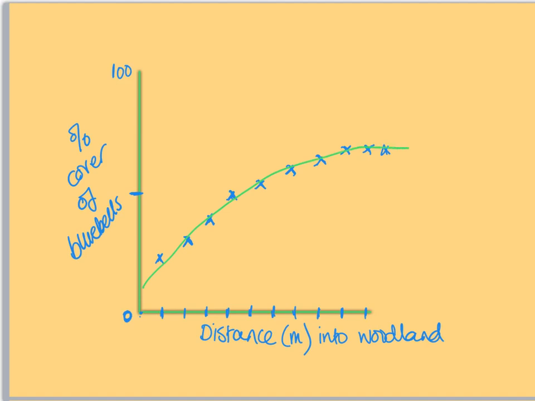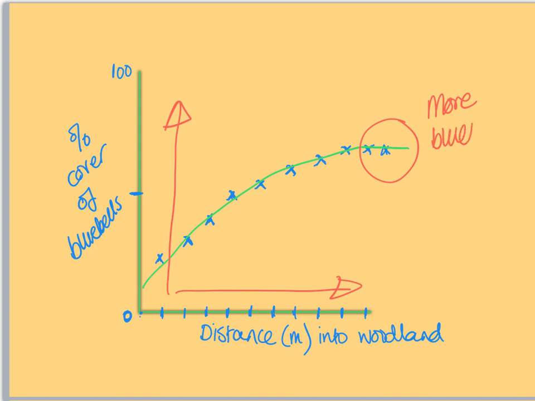So if you remember, it said, describe the trend. So the trend is that as you go further into the wood, the amount of bluebells increases, and that might be a surprise to you. So this here is more bluebells inside the wood. Now if I tell you that bluebells like a moist environment, and that's why they thrive particularly well on a woodland floor, but they do still need sunshine in order to grow and flower, but they flower in the spring.